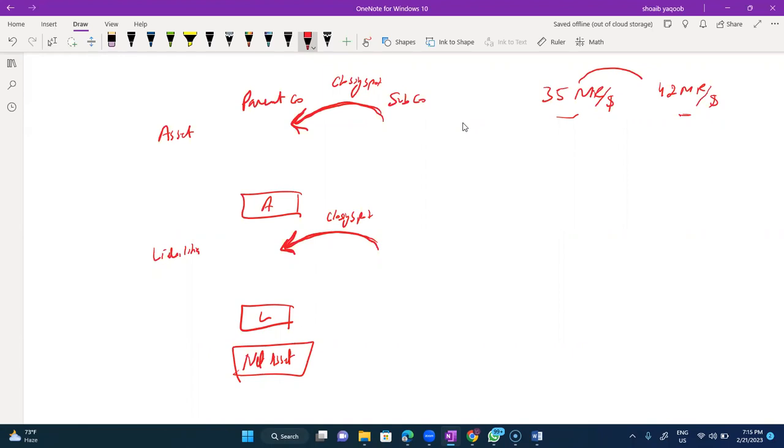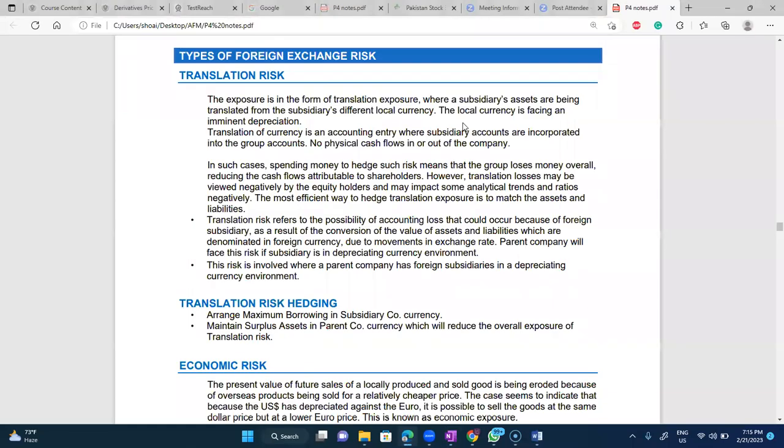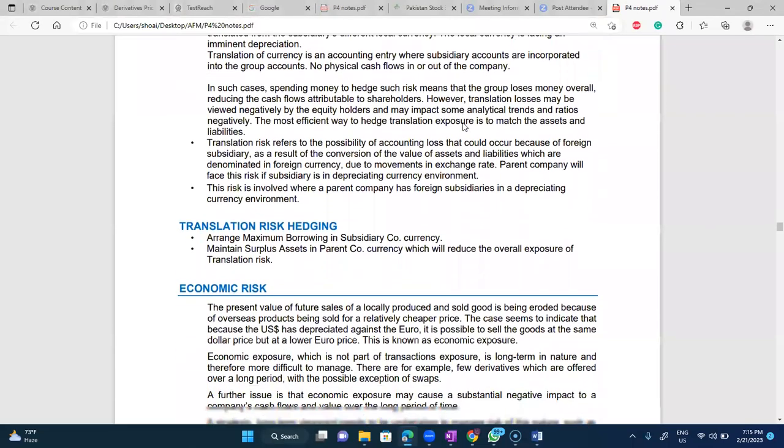Second, if possible, convert the assets of the subsidiary into parent company currency. For example, if your subsidiary is in Pakistan and the parent company is in America, and you convert the additional or surplus asset into dollars, you do not need to convert dollars into dollars. So there can be two solutions, which are written here.